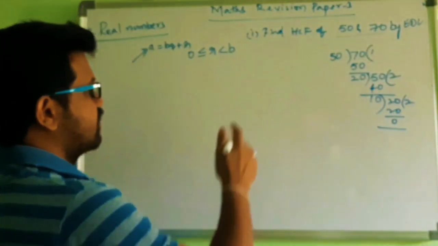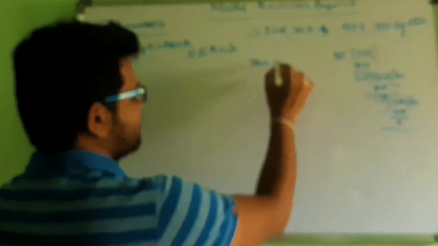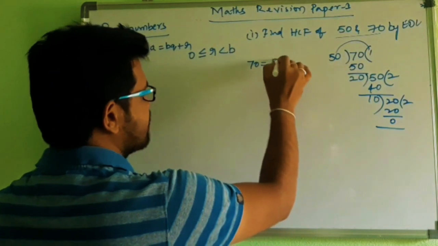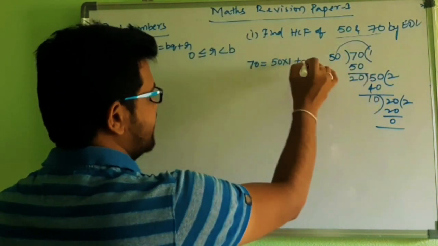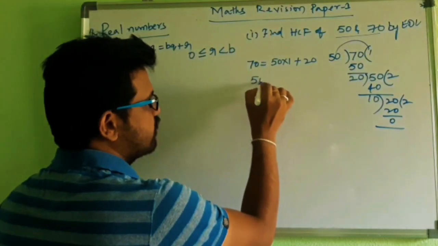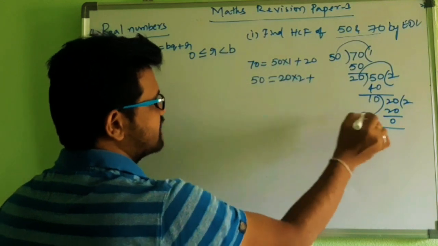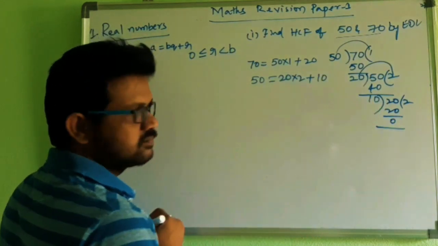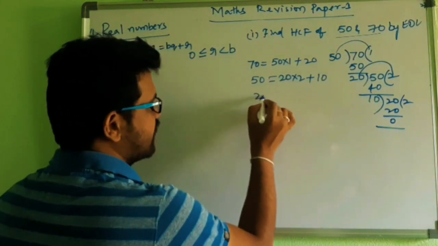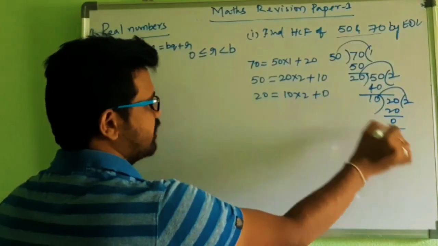Here we have to write this by using Euclid division lemma. 70 is equal to 50 into 1 plus 20. That is the first step. Second step, 50 is equal to 20 into 2 plus 10. Third step, 20 is equal to 10 into 2 plus 0, remainder is 0.